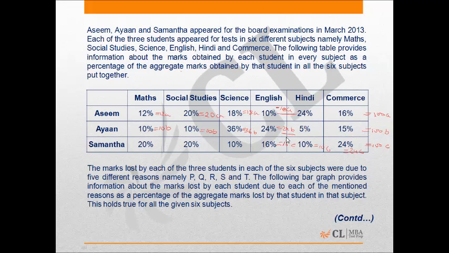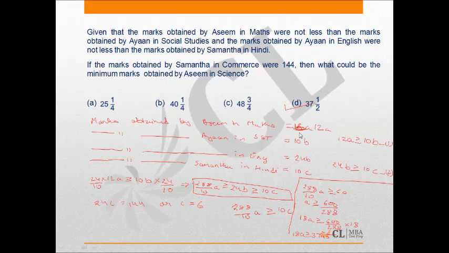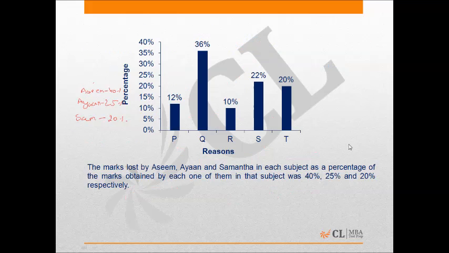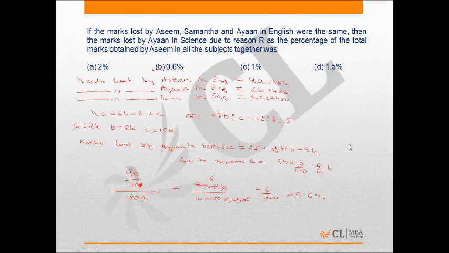Ayan got 24B marks in English. So marks lost by Ayan in English would be equal to 25% of 24B, that is 6B, and the marks lost due to reason Q would be 36%.